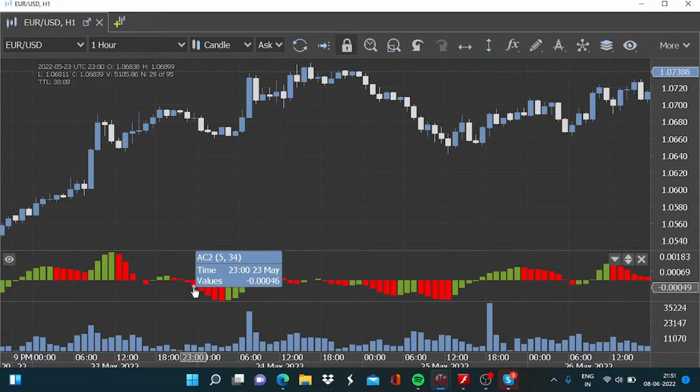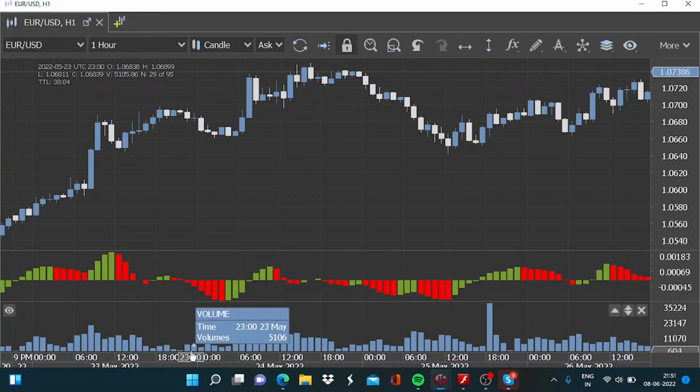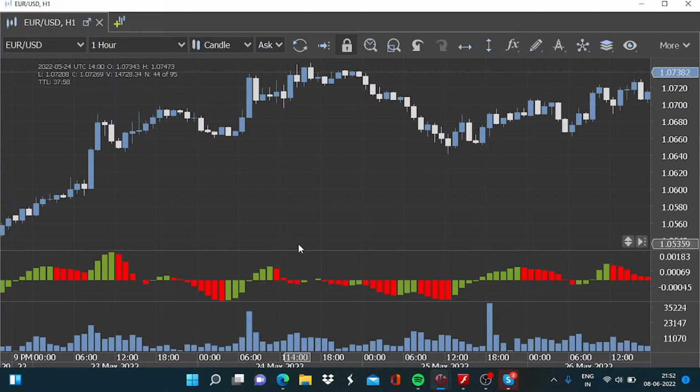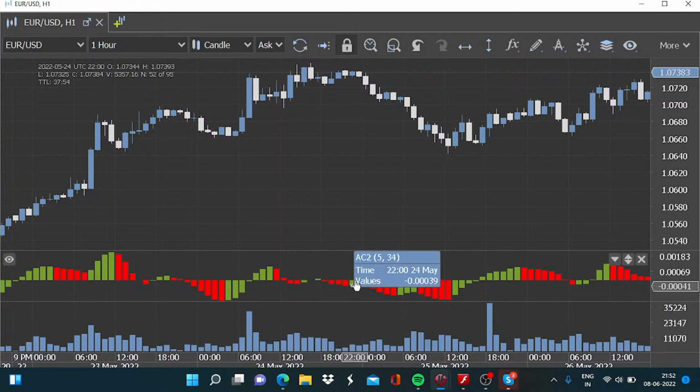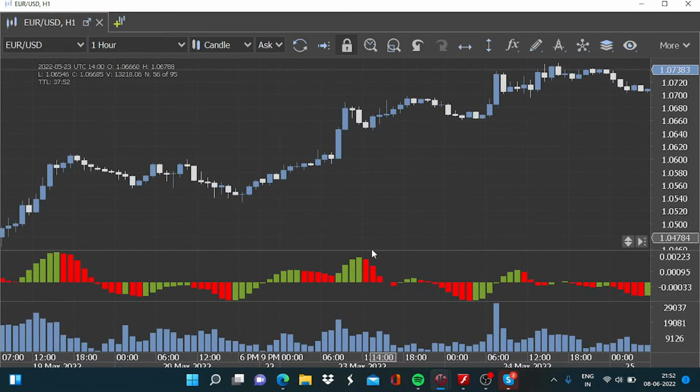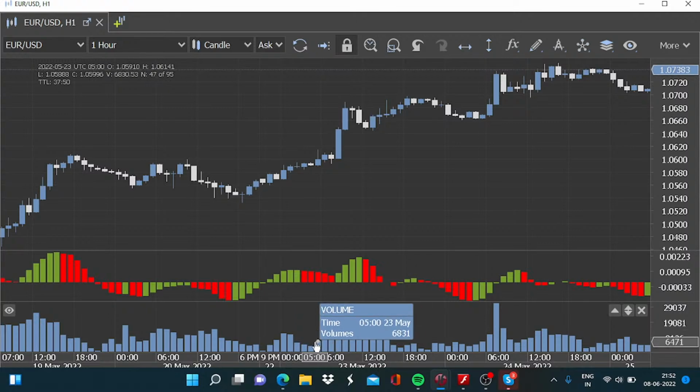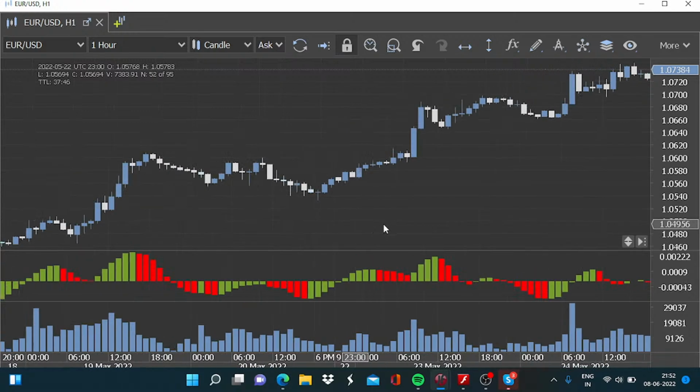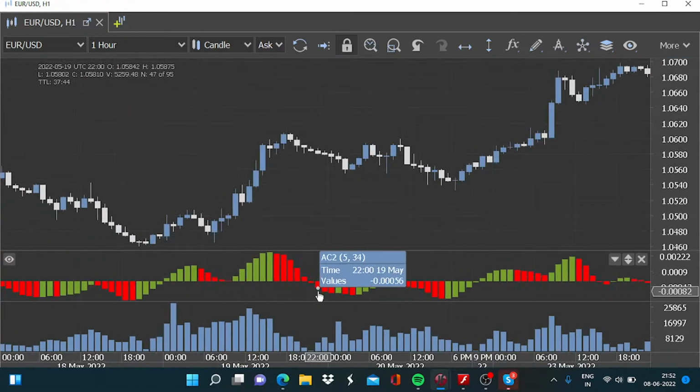This is the 23rd GMT of 23rd May. No, the volume is not showing a corresponding rise. So even if we are not really able to find an instance here, I hope you got the idea of what the requirements are.